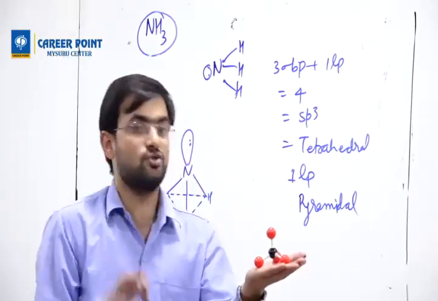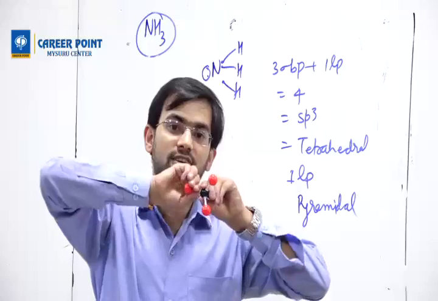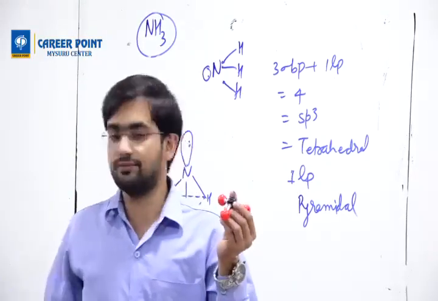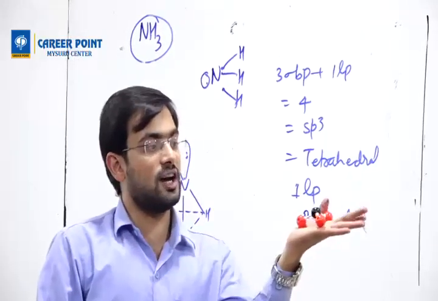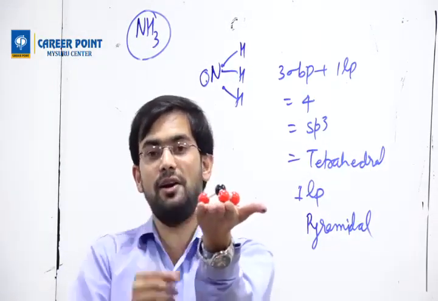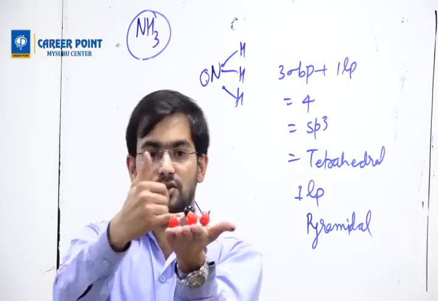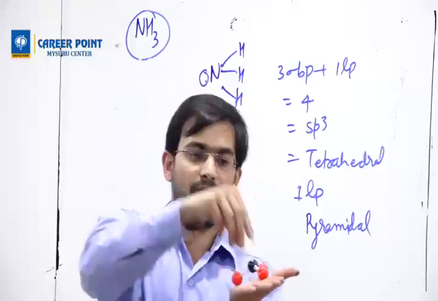I got 3 hydrogen, so it means I need to remove 1 hydrogen. So I disconnect 1 hydrogen. Once I do this, now this structure looks like a pyramid. You have seen Mr. Pyramid? 1, 2, 3. 1, 2, 3. And top.